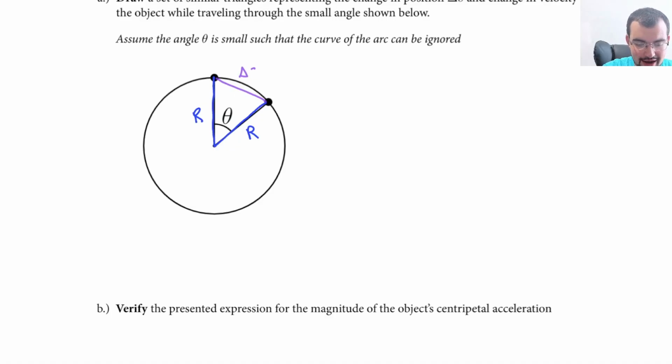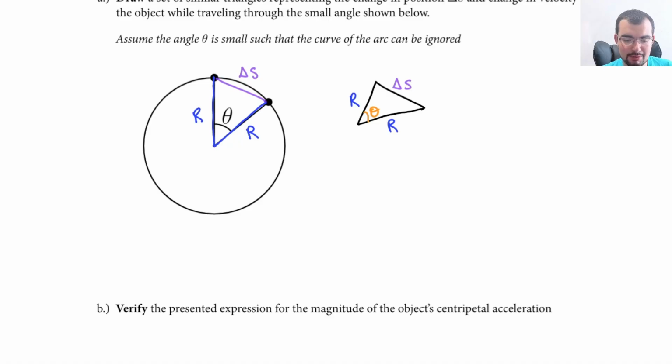As we shrink that angle, the error we get by approximating the curve as a line is less and less. So this gives us our first triangle, where we have an included angle theta. We have two sides labeled r, and then we have delta s across from the theta.